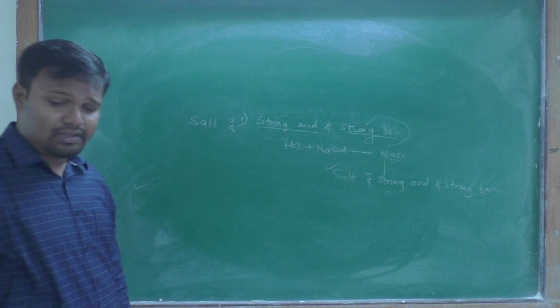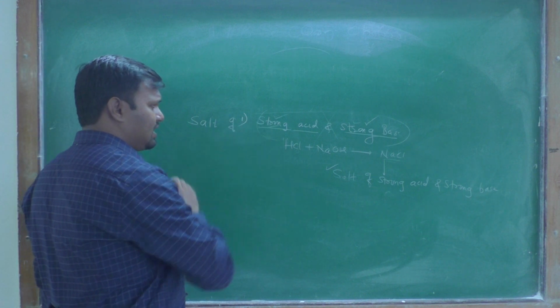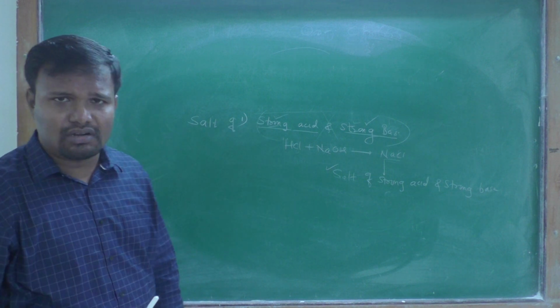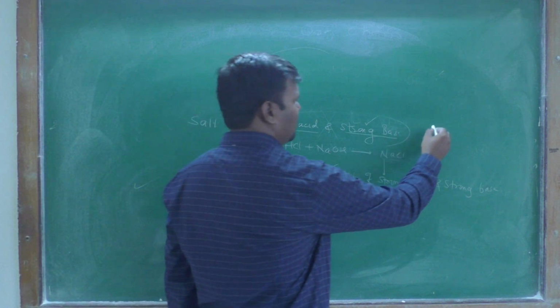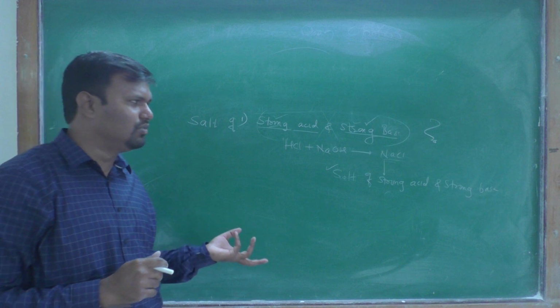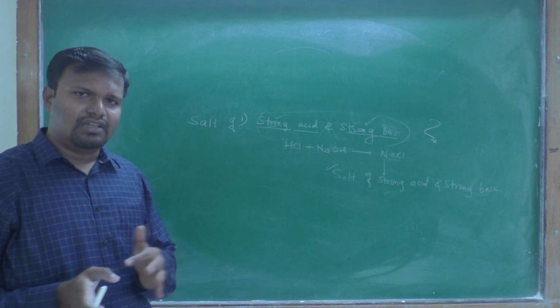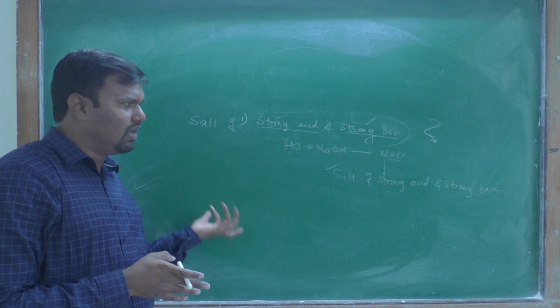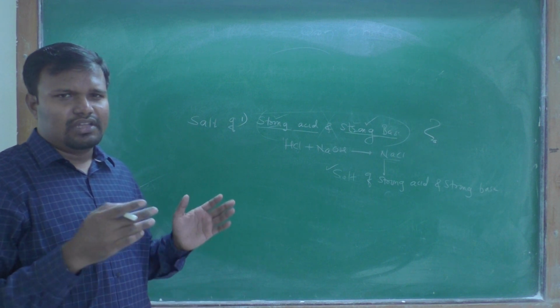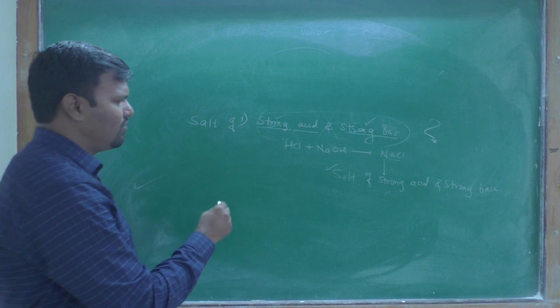Okay, in this case, the salt of strong acid and strong base does not undergo hydrolysis. Why does it not undergo hydrolysis? Hydrolysis is the breaking of H2O to give acids and bases. Therefore, when you add NaCl in water, its pH does not change.